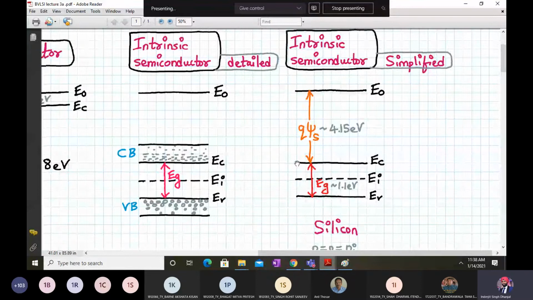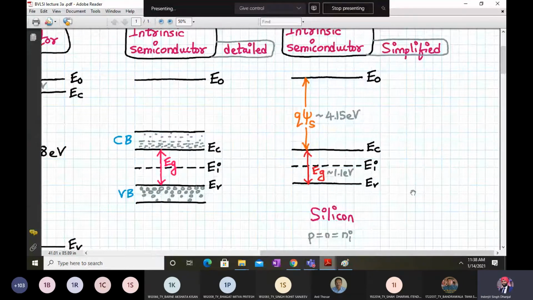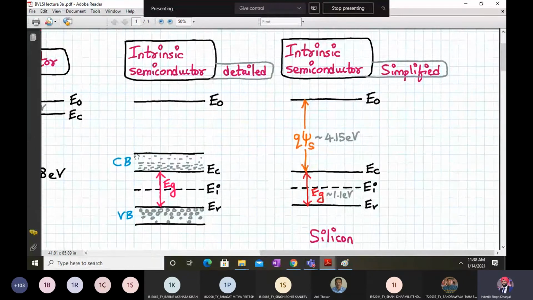That means in this line we have a confinement of all the electrons in the conduction band, and in the valence band we have confinement of all the holes. So from now on we will be drawing the energy band diagram like this. Instead of bands, we will be just drawing it in the form of a line. So, intrinsic semiconductor, right?